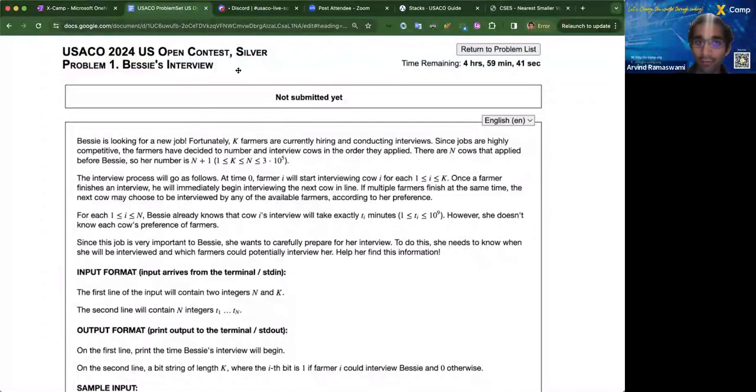So for the first K farmers, the first K cows are going to be interviewed by the first K farmers. This is farmer one, and then farmer two interviews this cow, and then farmer K interviews this cow.